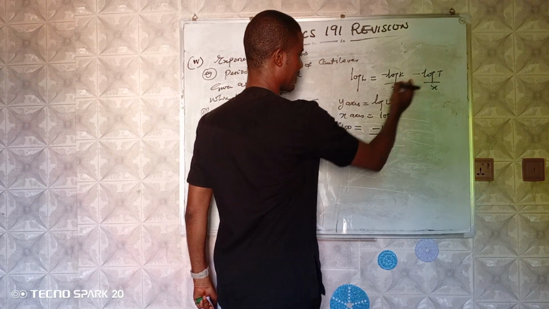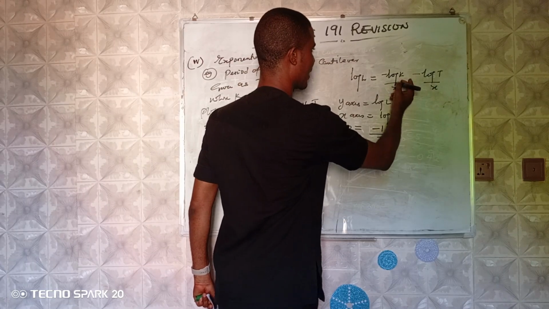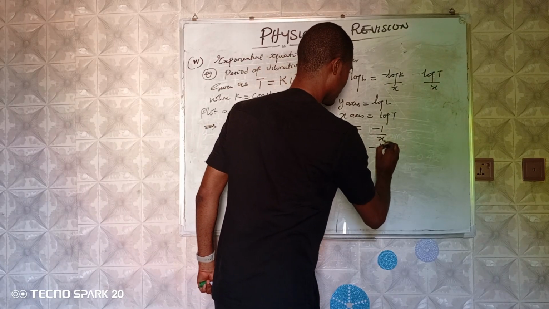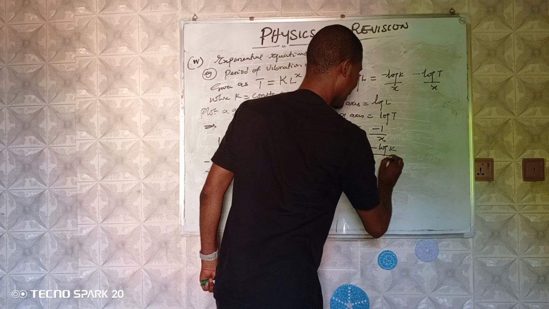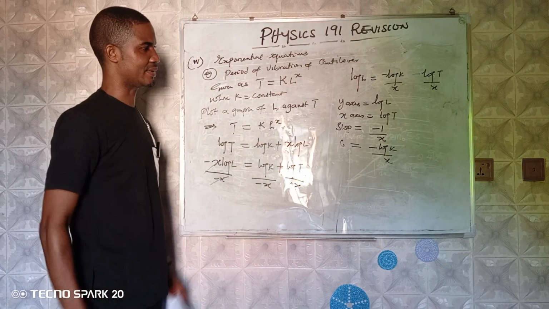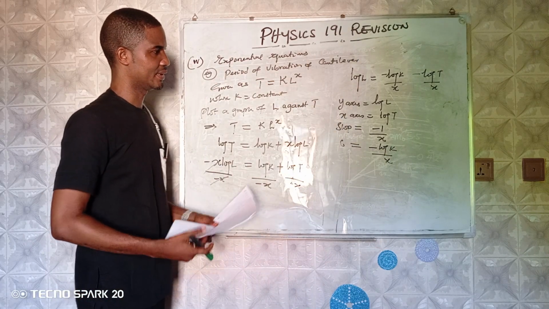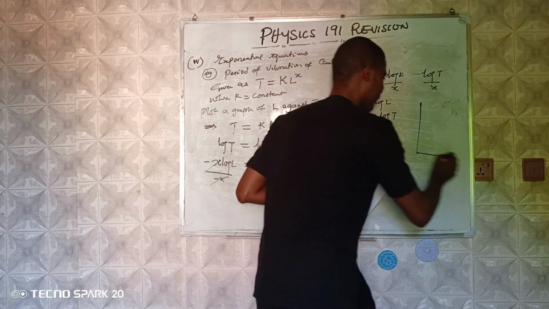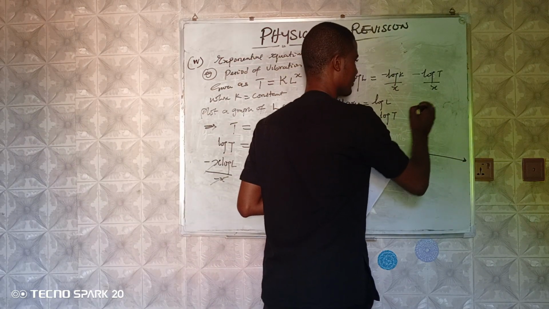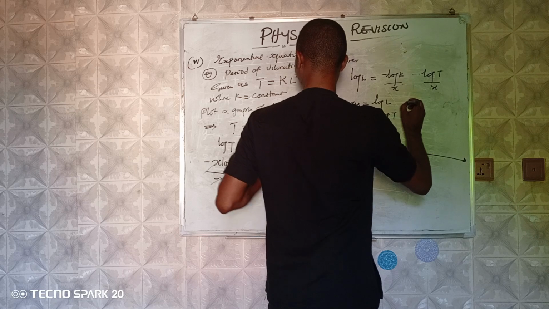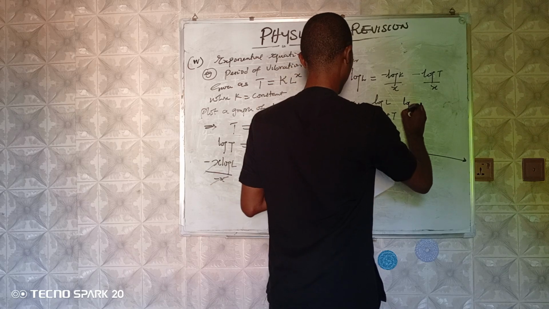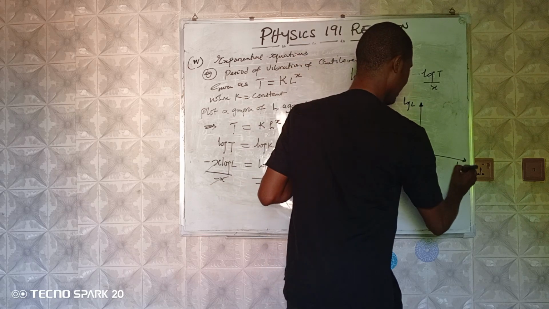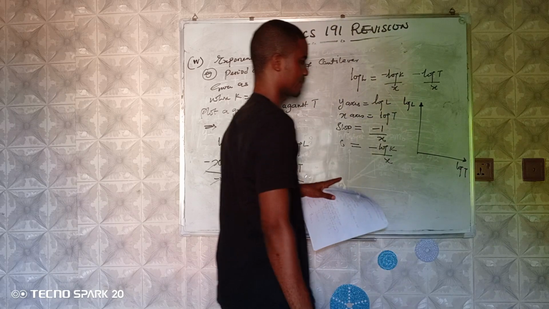Then my intercept, which is my c, is whoever is attached to this guy by virtue of plus or minus. So it's going to give minus log k over x. So this is it. If I plot this graph, it's going to look funny like this. I'm plotting the graph of log L against log t.